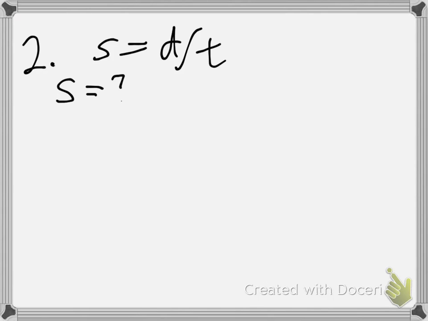So notice I'm looking for speed, so once again this is going to be speed equals distance over time. Plugging in what our speed is, what our speed equals question mark.